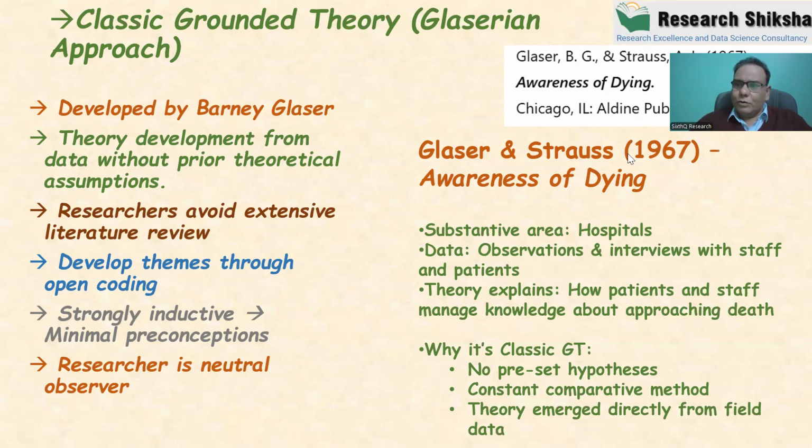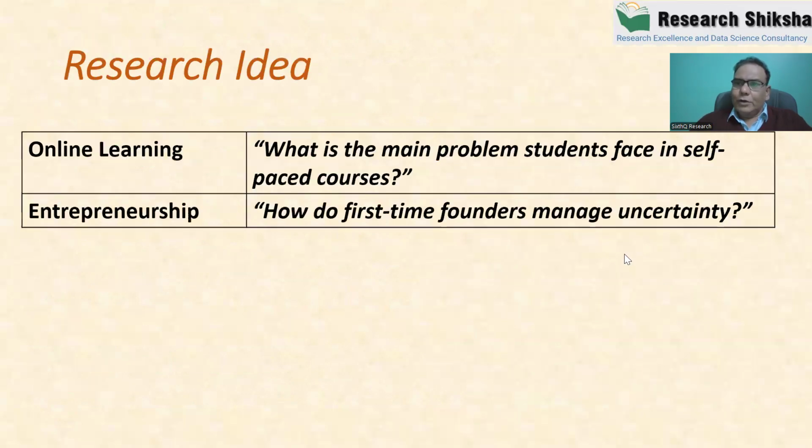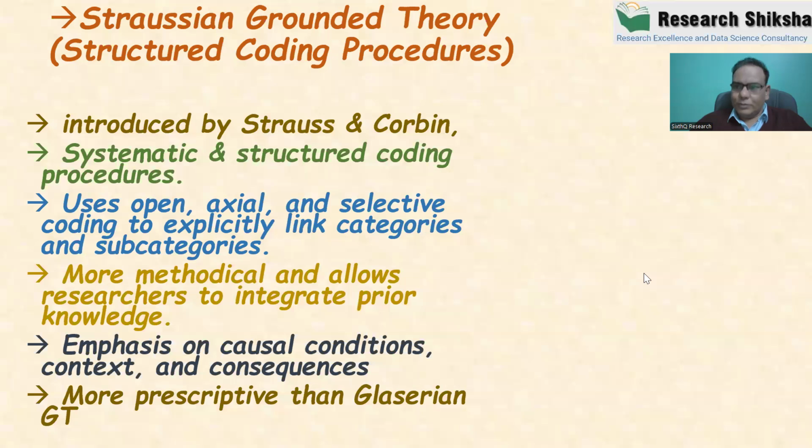After this, Strauss redefined the entire process. He said that each and everything should be done in a structured coding procedure. According to this approach, the grounded theory can be completed in a well-structured way.